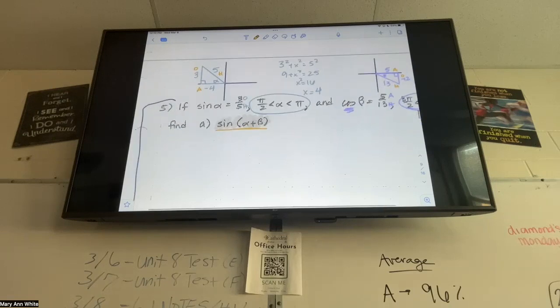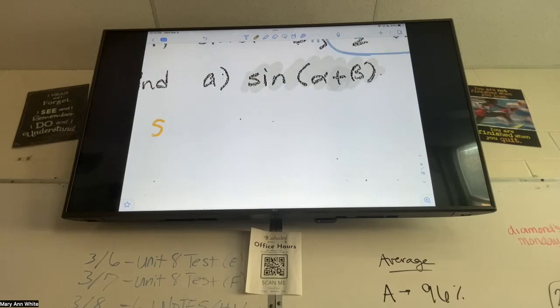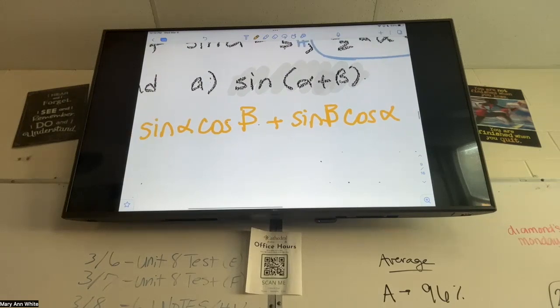So let's use our identity. Sine of alpha plus beta is gonna be sine of alpha times cosine of beta plus, because we want to do the same sign, sine of beta times cosine of alpha. Now that I have this, I'm gonna go look at my pictures.